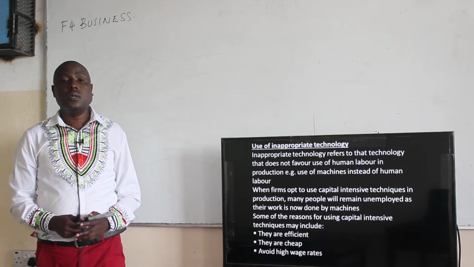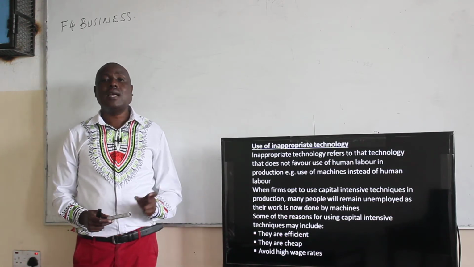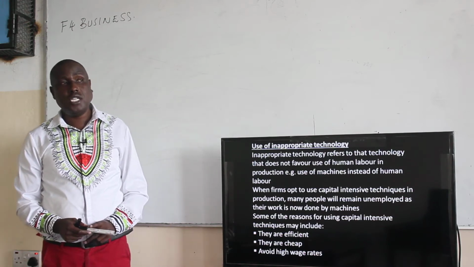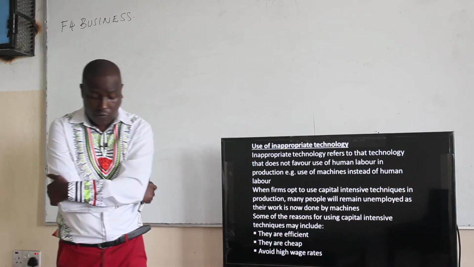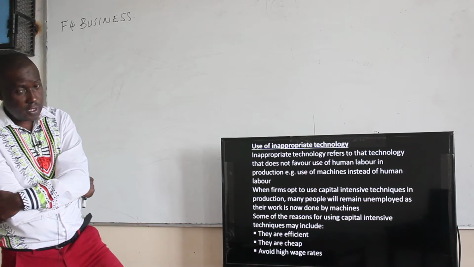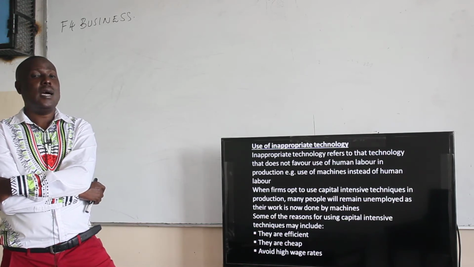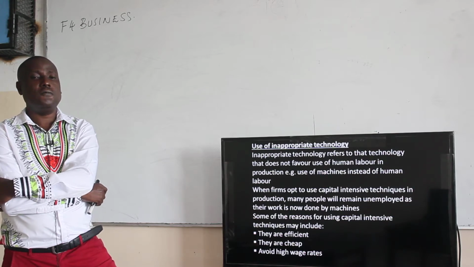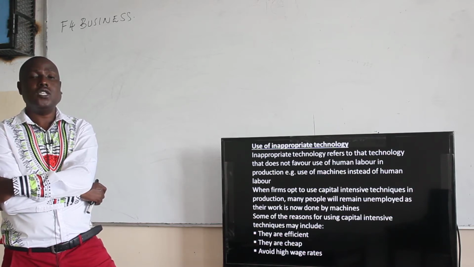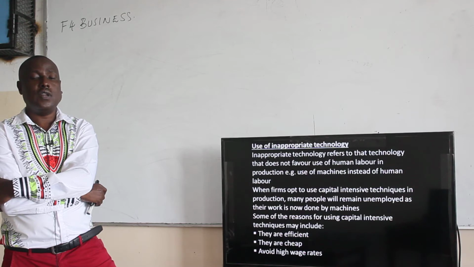There are some production methods that are capital intensive. Like when we talk about forms of transport, we say pipeline is capital intensive. It does not involve a lot of labor.